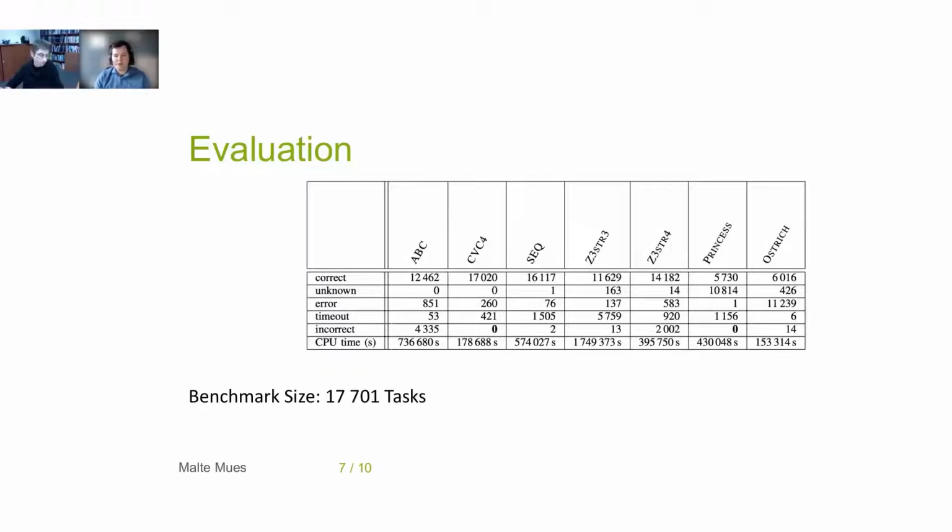In the comparison, we used ABC, CVC4, Z3 with the sequential backend, which is the original Z3 string solving backend. There are two extensions to Z3: Z3str3, which is also available for selection in the current Z3 binaries, and the newer Z3str4 solver, recently introduced in the second half of last year. We also use Princess and Ostrich. Ostrich is built within the Princess framework.